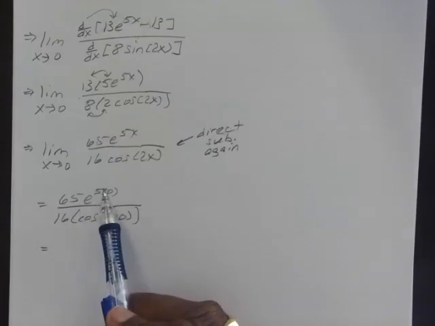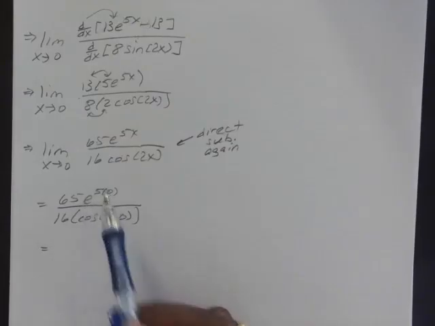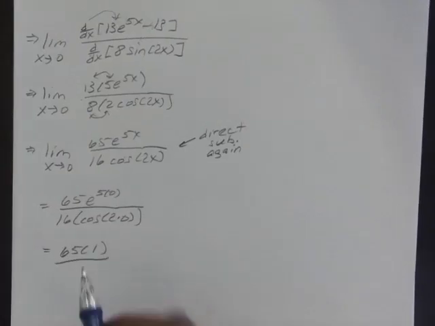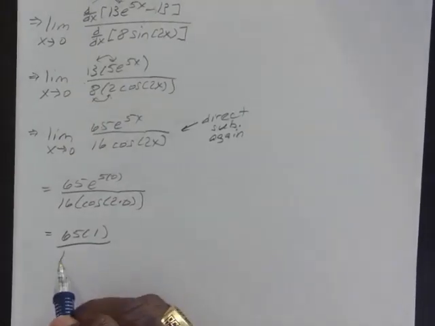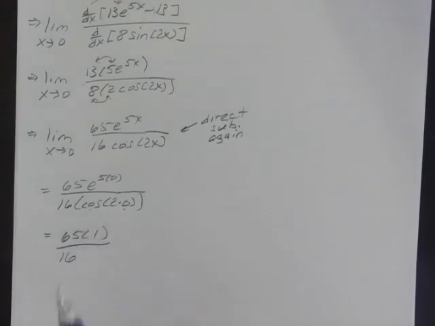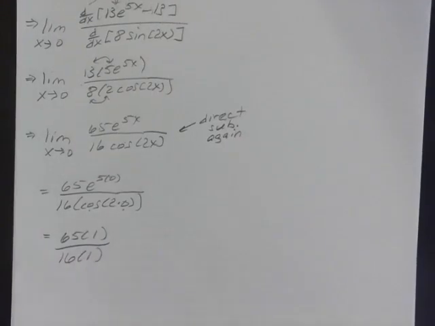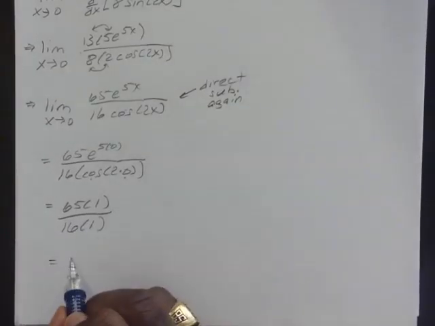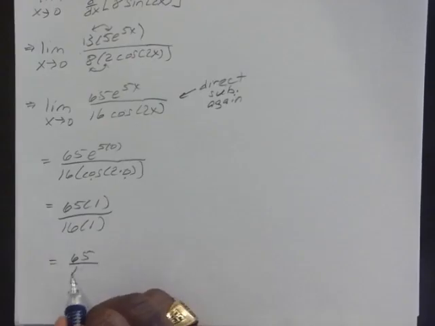So e to the power of 5 times 0 is just e to the power of 0, which is 1. So we have 65 times 1 divided by 16 times cosine of 0. Well, cosine of 0 is 1, so it's 16 times 1. So we have the limit of 65/16.